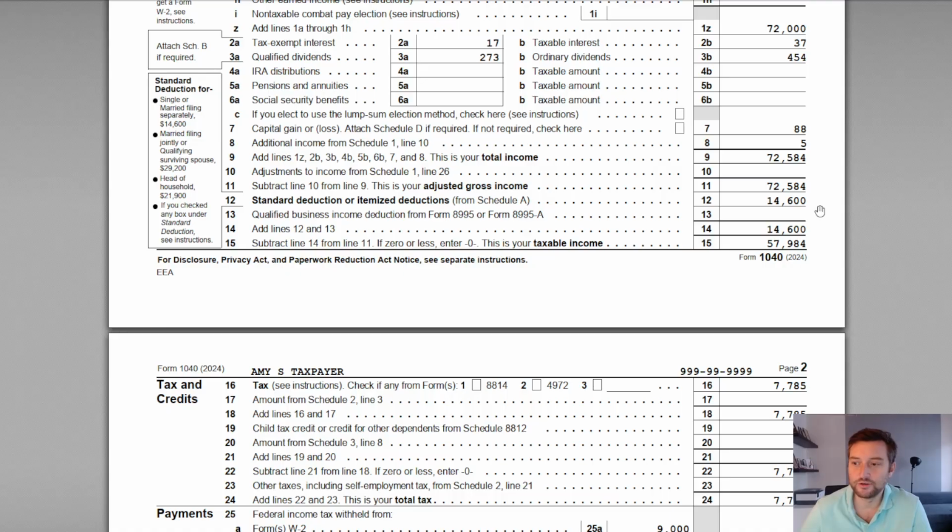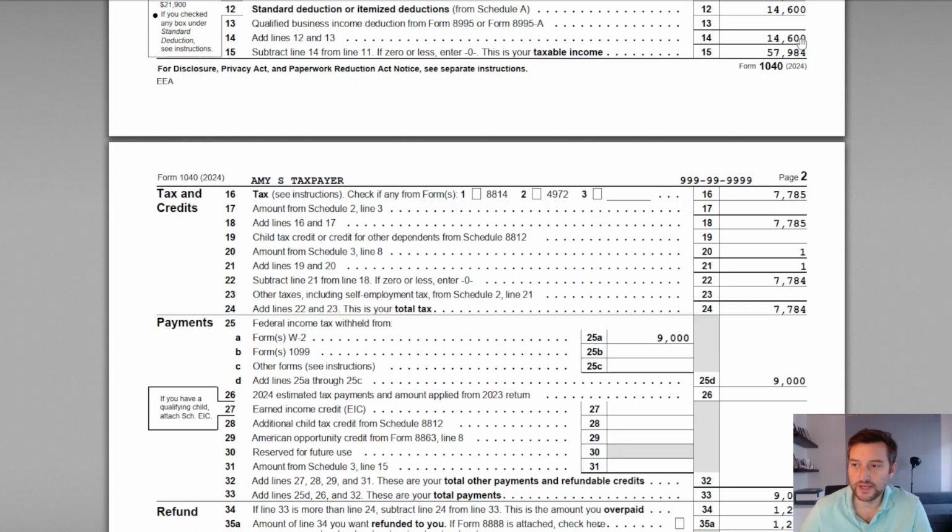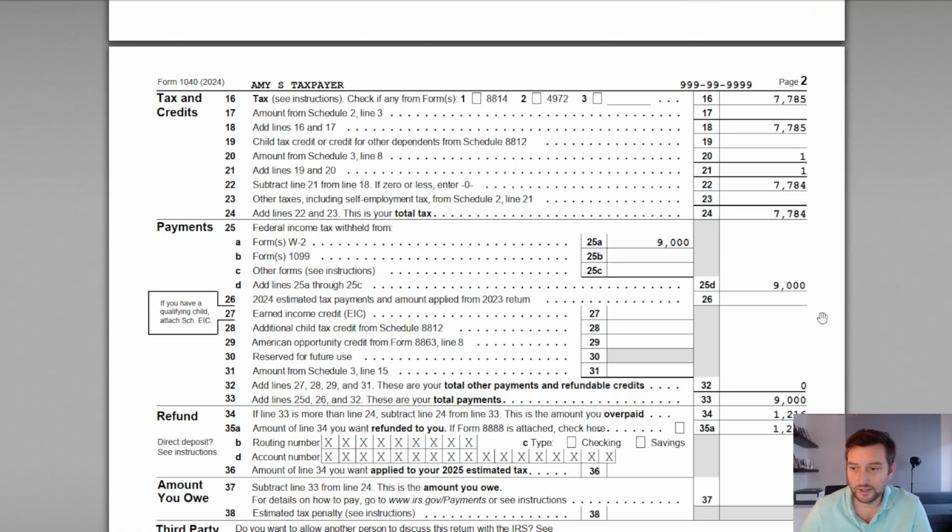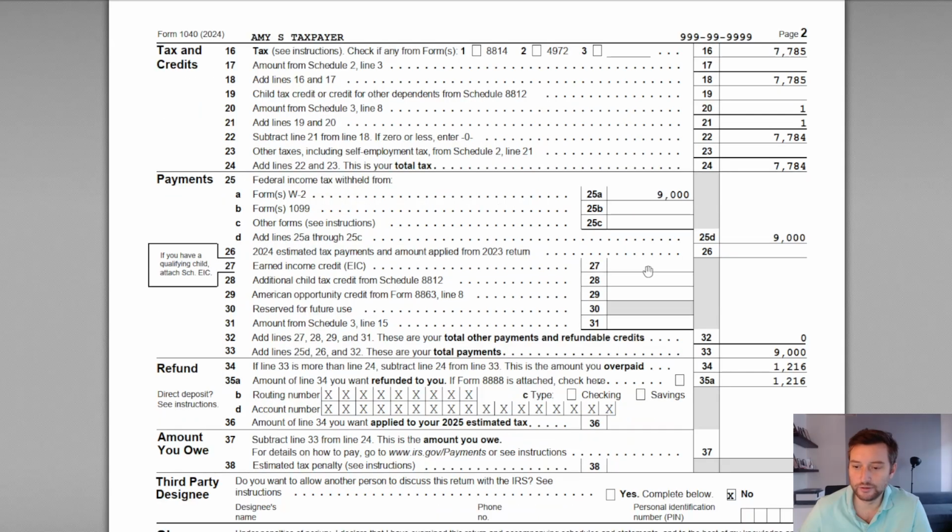Okay, and then those portfolio expenses aren't being reported anywhere either. So on taxable income of $57,984, she owes $77.85 in tax, gets a $1 credit, dropping it down to $77.84, and then we have her withholding from her W-2 from the employer, and so that's the bottom line refund amount for her for this year.